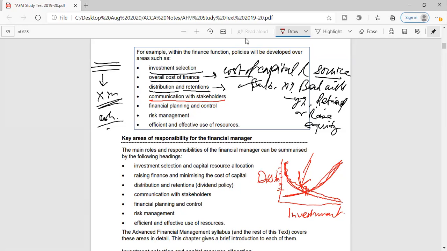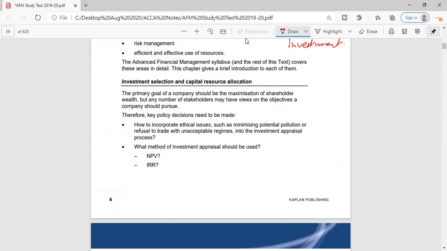So stakeholder mapping has something like this.